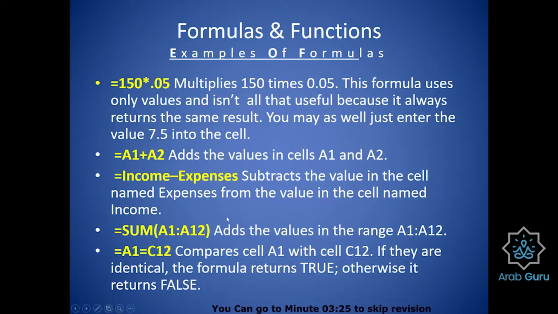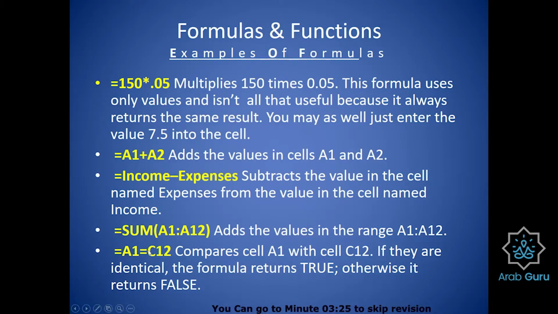We talked about the summation function called sum, and you open two parentheses, and between these two parentheses you can type the range that you need to add up the figures inside them. And we also talked about the logical comparison, if A1 equals C12, and this will return either true or false.